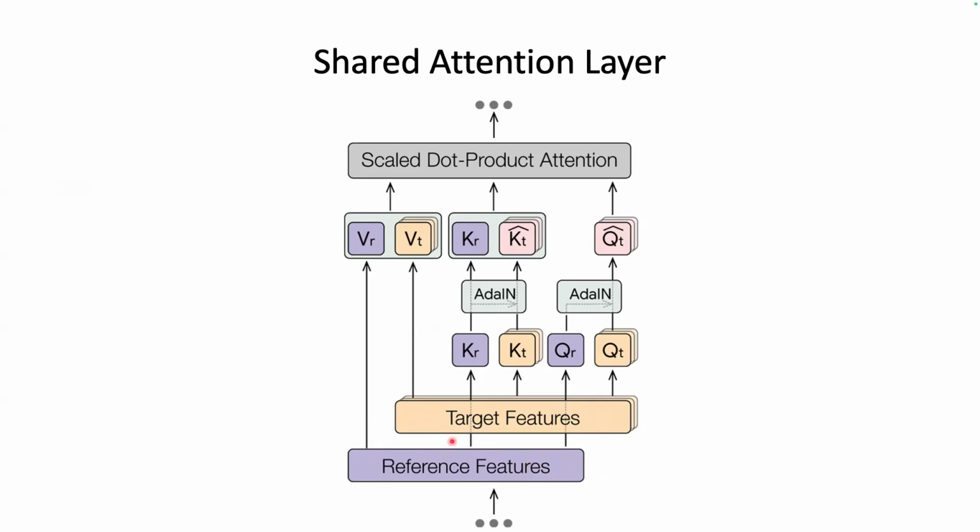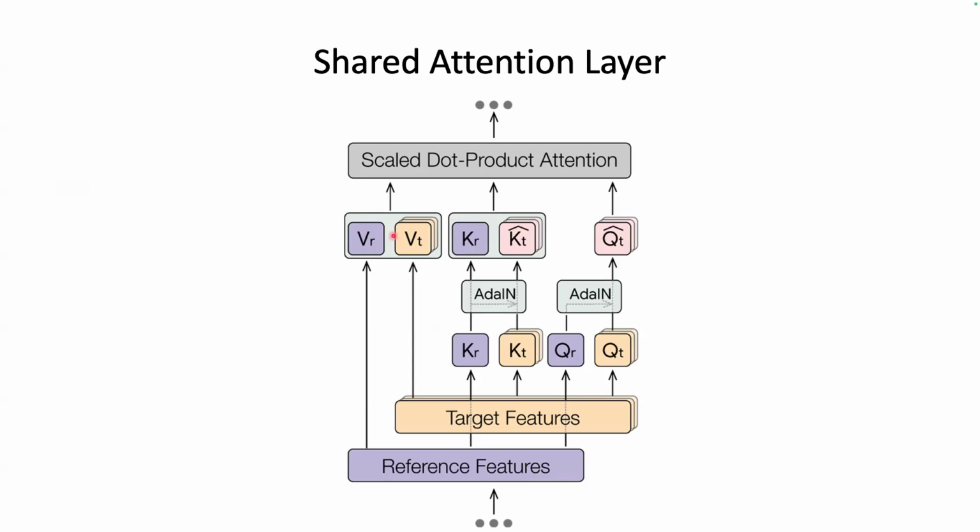The target features are the features of the generated image. So as you can see, we take the queries from the target features, and for the keys and the values, we concatenate the keys of the target image with the keys of the reference image. Okay, and we do the same for the values.